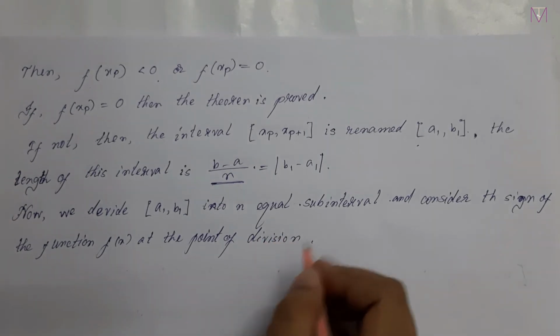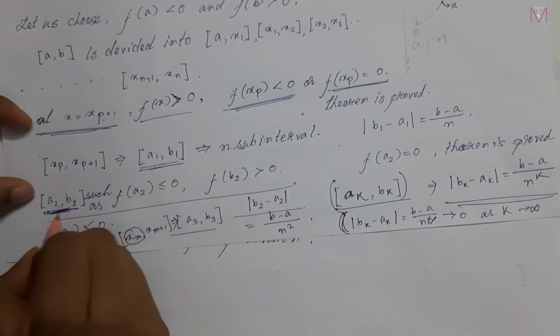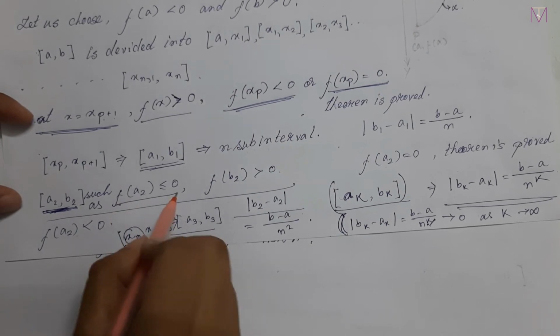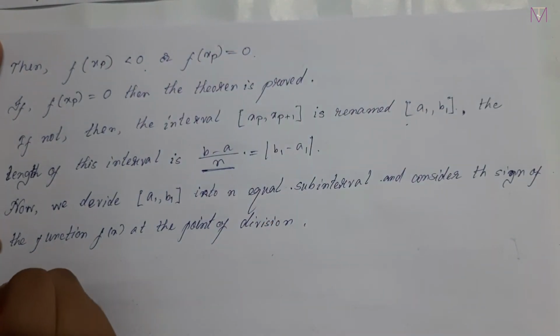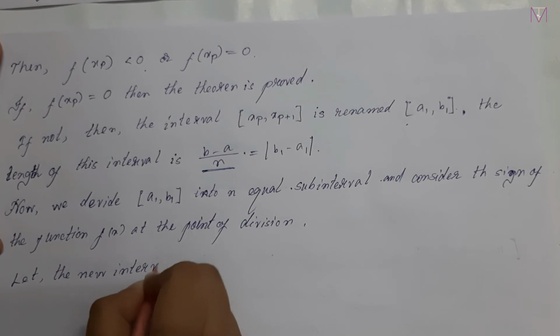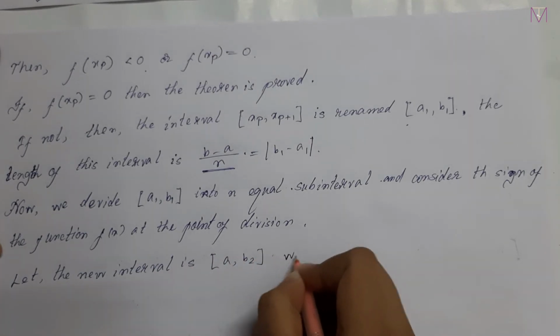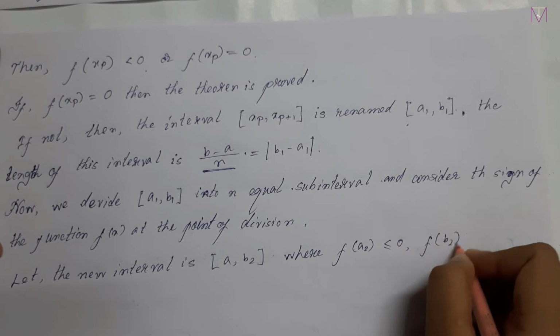Now we take that a2 b2 is the first interval where f of a2 is less than or equal to 0 and f of b2 is greater than 0. So let's write this: f of a2 less than or equal to 0 and f of b2 greater than 0.